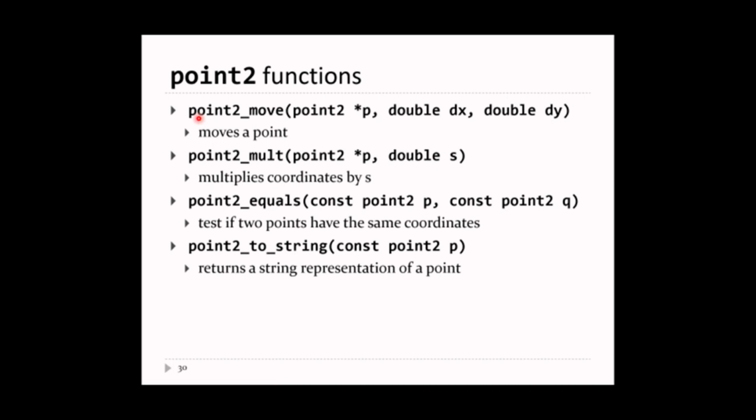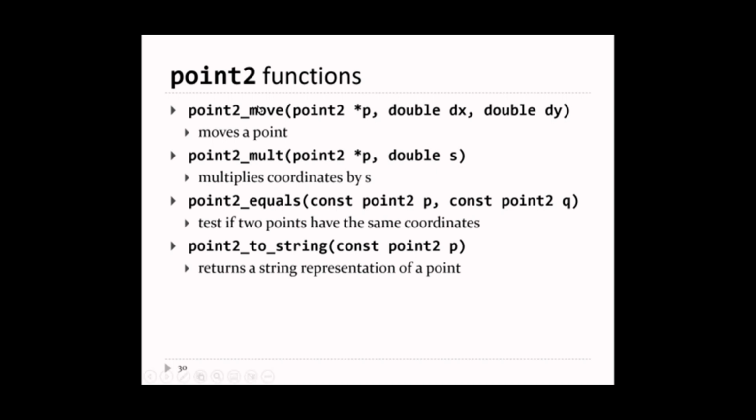Notice that when you do this sort of thing, typically what ends up happening is the type name gets appended to the front of the function name. So point2 underscore move instead of just move. Point2 underscore mult instead of just mult. The reason this is typically done in C is because C function names have to be unique across all compilation units.